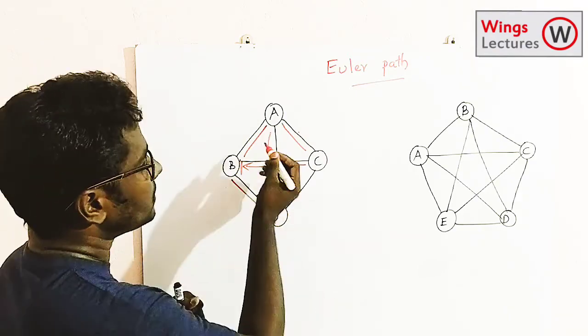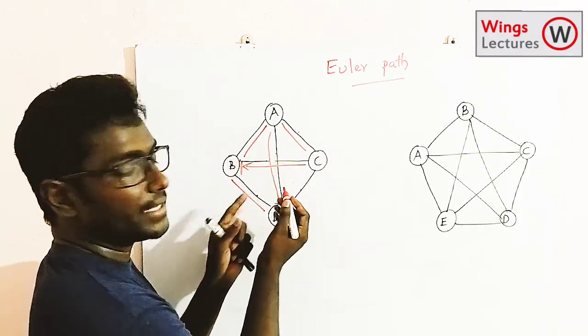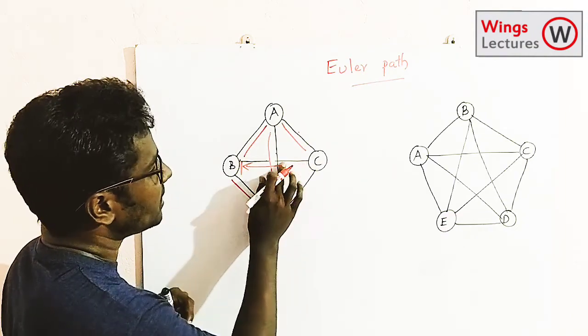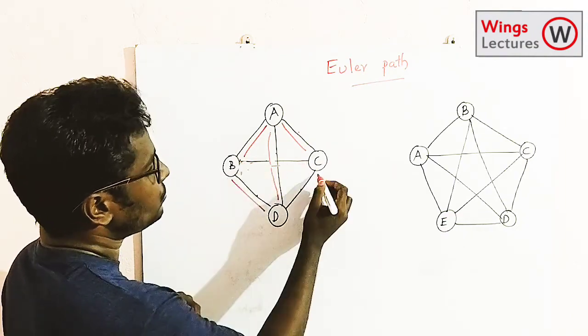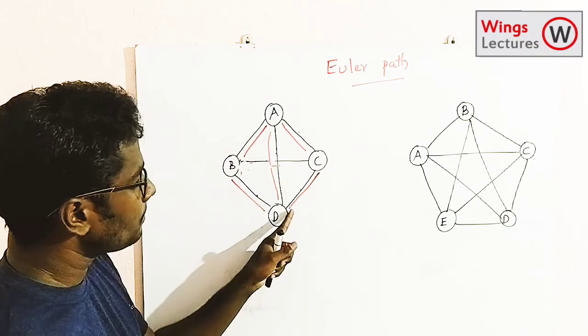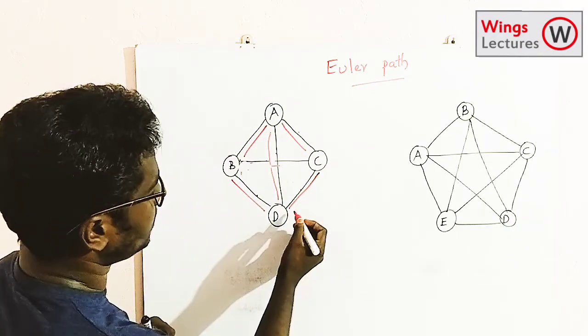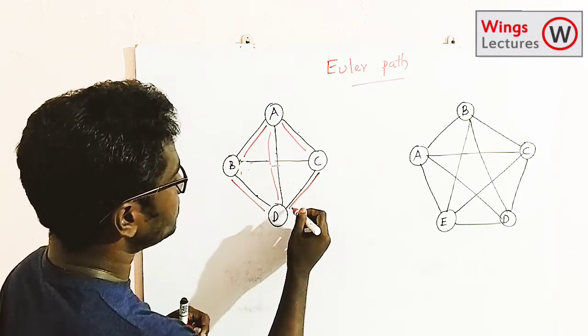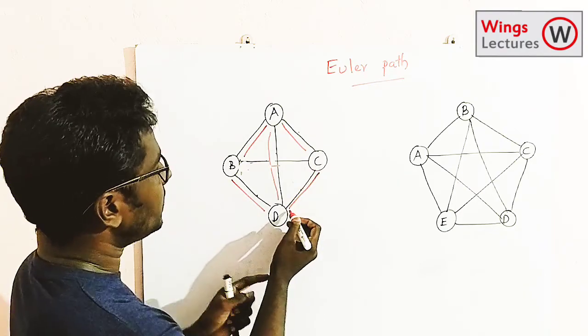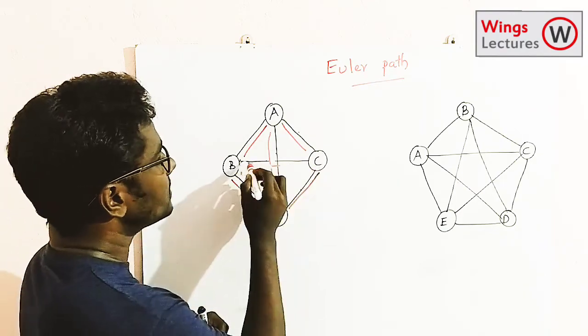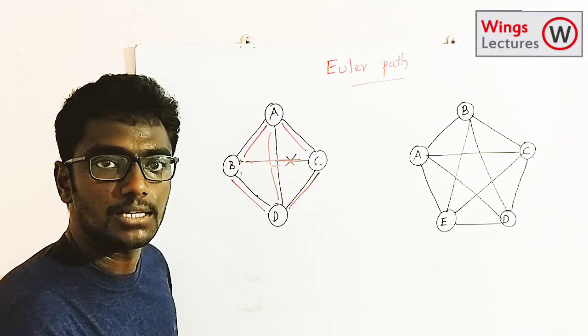So I cannot. I have failed here, and again I am going to check from C to D. Is that possible? I don't think so. If I choose that, this edge is still pending, not visited.